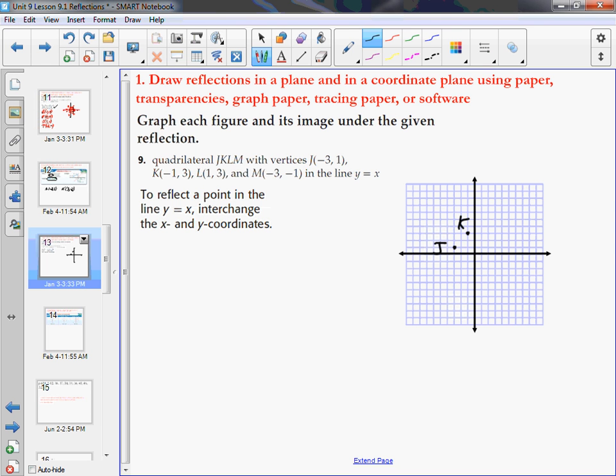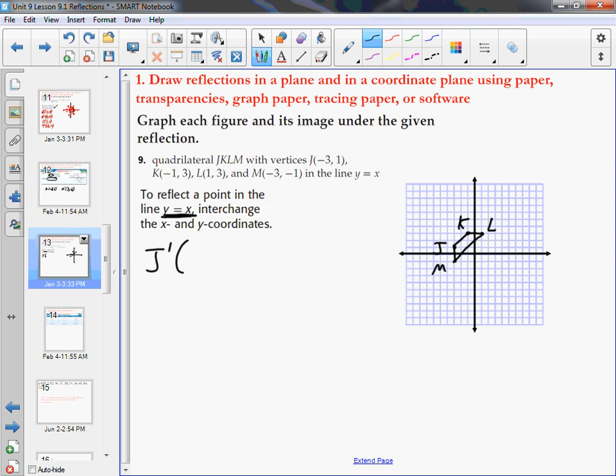L is 1, 3. And M is negative 3, negative 1. Now, according to our rule, since our line of reflection is the line y equals x, we interchange the x and y coordinate.